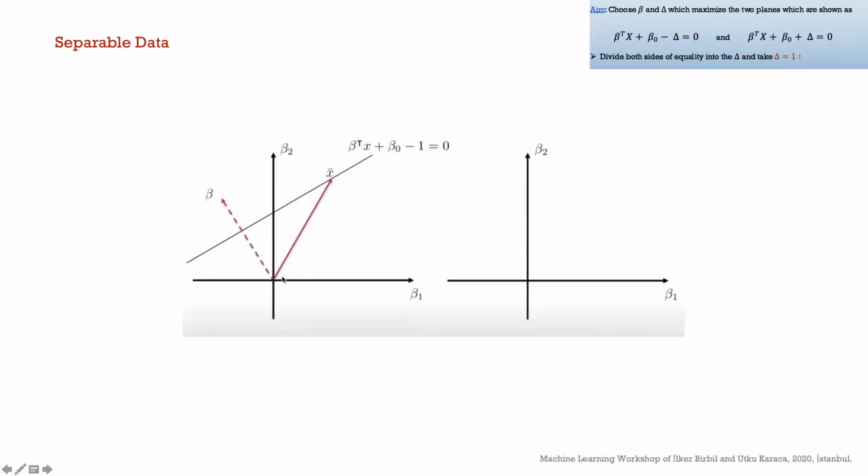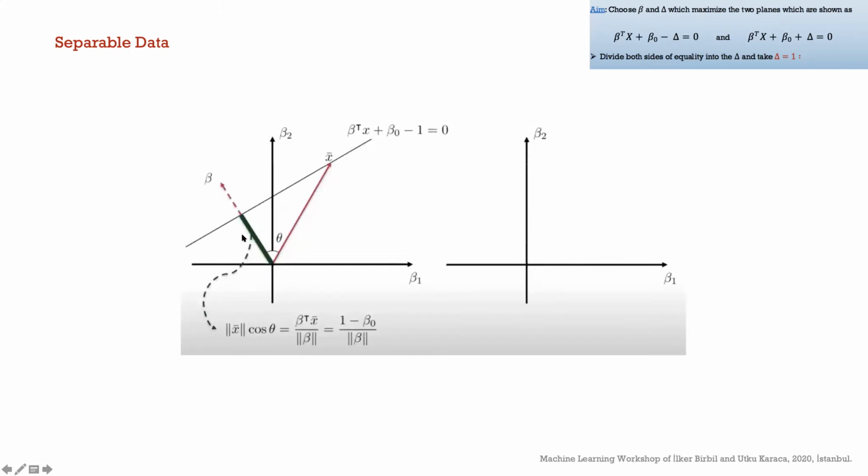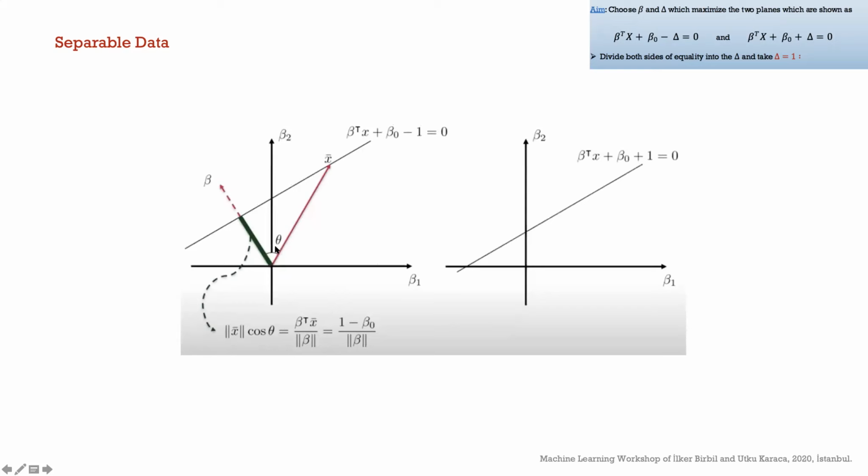Then I have a perpendicular beta to my line, and there is another theta between these two. You should know how to find the norm of this line, and this is how I can find it.